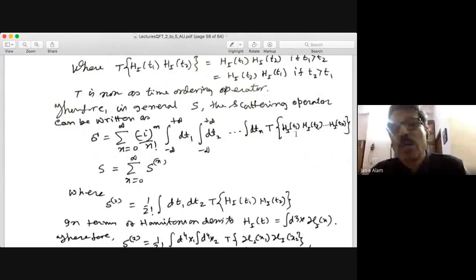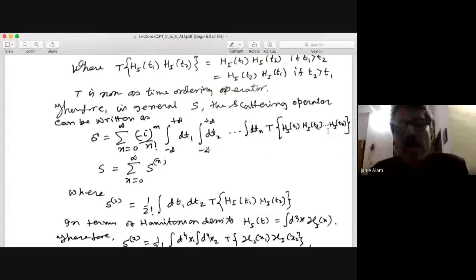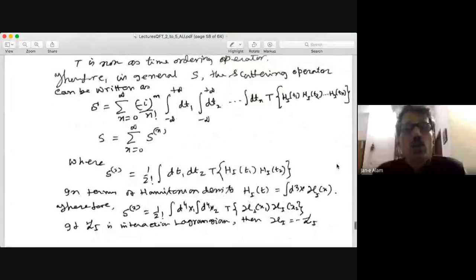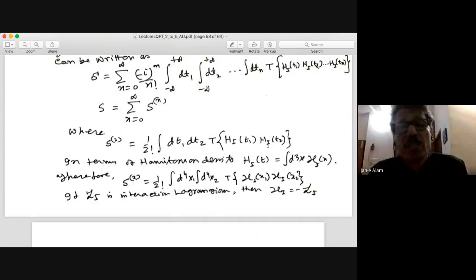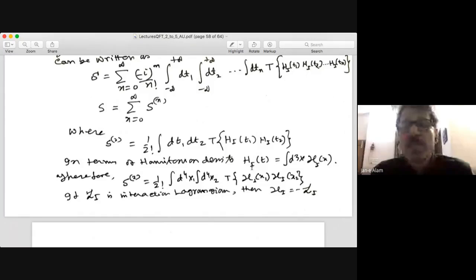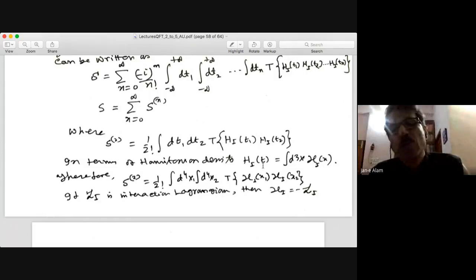Why the time ordered product? As HI(T1), HI(T2), and so on. Now, suppose we consider the S2. It will be 1 by factorial 2, dT1, dT2, only 2, and then time ordered product of HI(T1), HI(T2). Now, this H is a Hamiltonian, but we are working with Lagrangian density, Hamiltonian density.